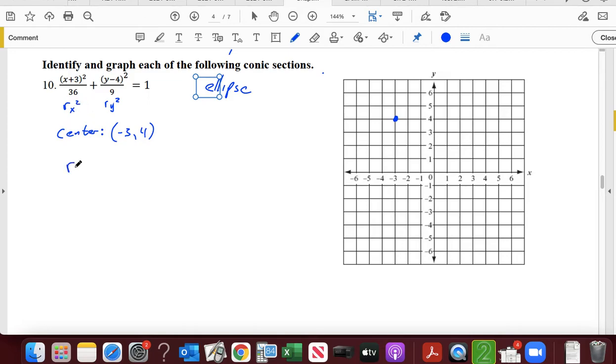So we know Rx is going to equal 6, and Ry is going to equal 3. So we know we can go up and down 3, and left and right 6. 1, 2, 3, 4, 5, 6.